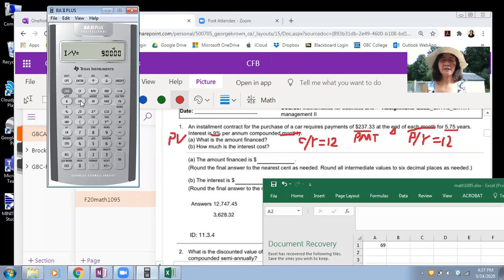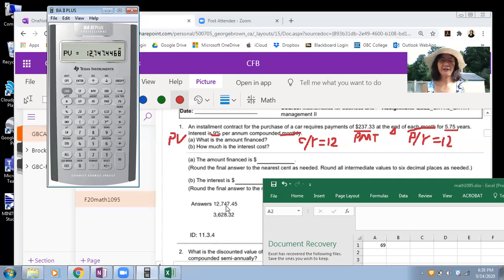And then you need to enter 0 for FV. This is a precaution to clear any previous entries. Final step, compute PV, present value. So you get $12,747.45.